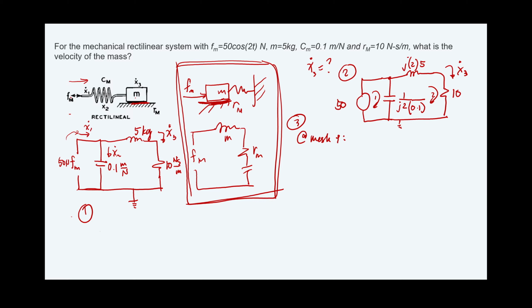Now the polarity here, if you notice, it's always positive, unless there's a negative 50 cosine, because cosine starts from positive. Unless there's a phase difference, but it's always positive here.